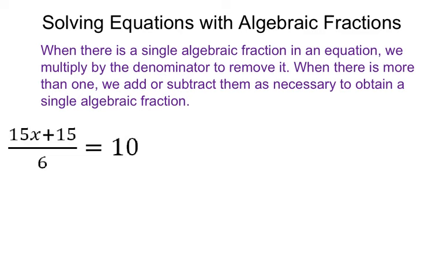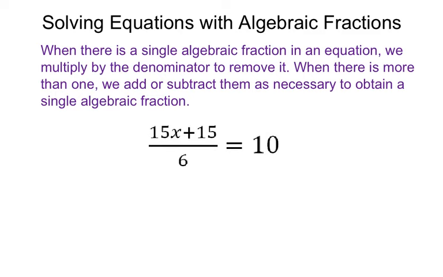In this example we only have a single algebraic fraction, so we're going to go straight into multiplying by the denominator. So the first thing we want to do is multiply by 6 and multiply by 6. That gives us 15x plus 15 equals 60.